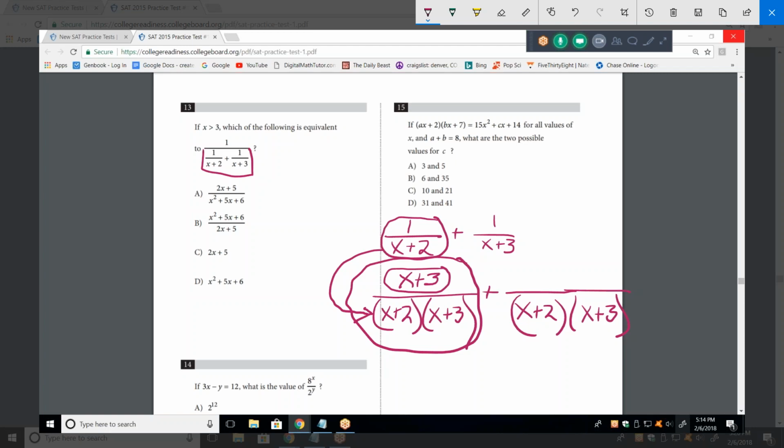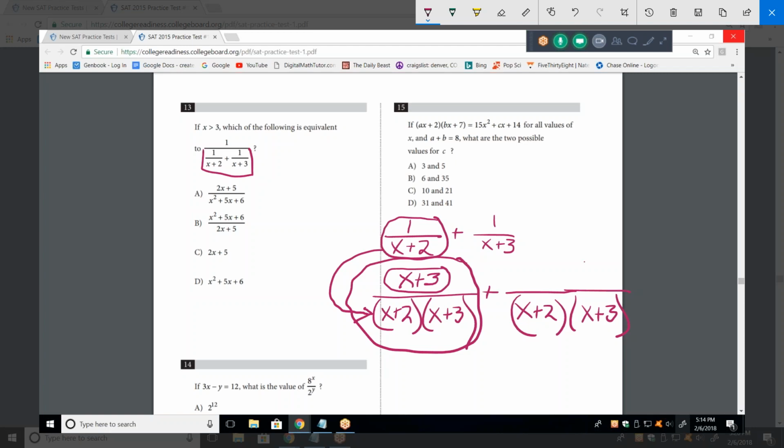You're not allowed to change fractions. That's an absolute rule of math. You're allowed to manipulate them. You're allowed to multiply top and bottom by the same number, but you can't change the value of it. And in this case, the bottom fraction is exactly the same as the top fraction.